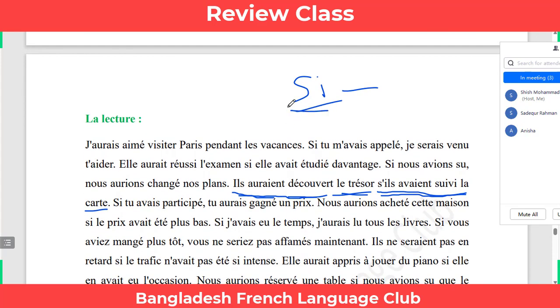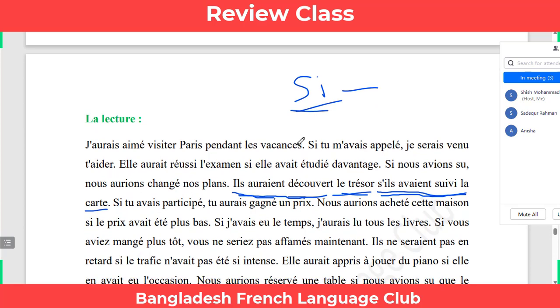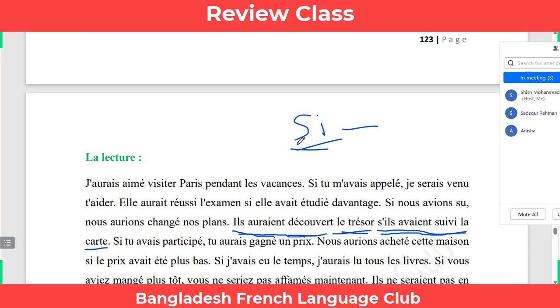So the si clause for the conditionnel passé will be in le plus-que-parfait, I mean the past perfect tense, and then the next clause, I mean the independent clause, will be in which form? Le participe passé form.